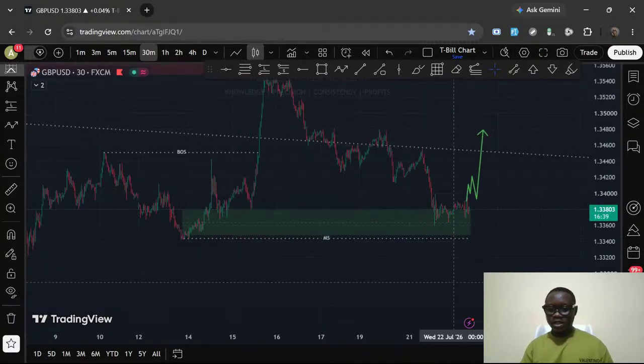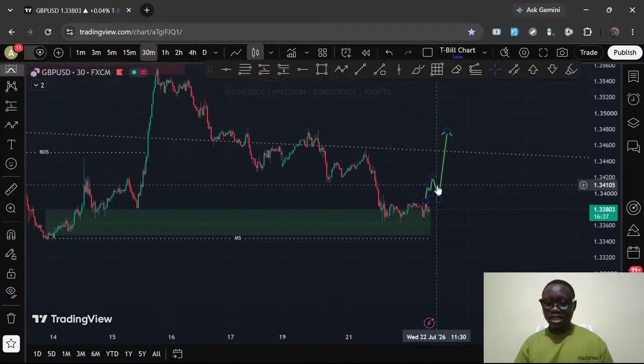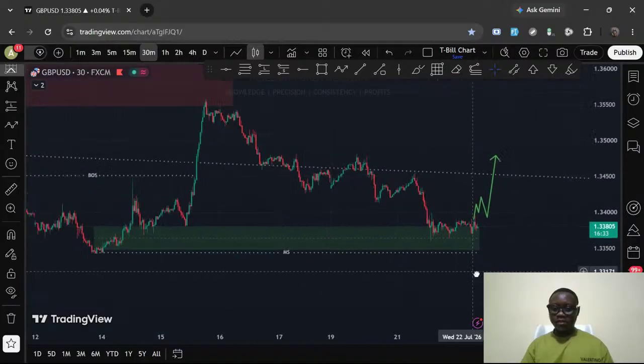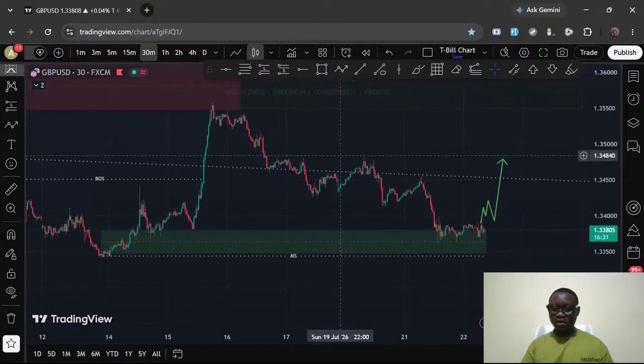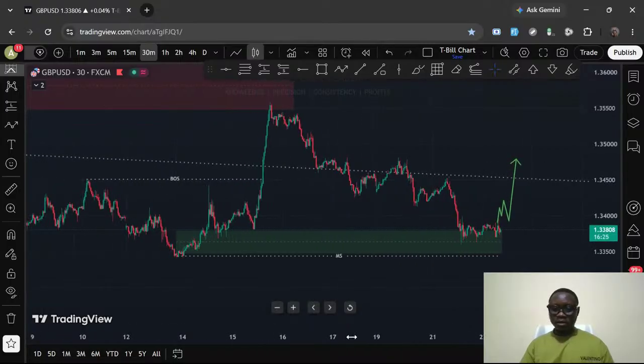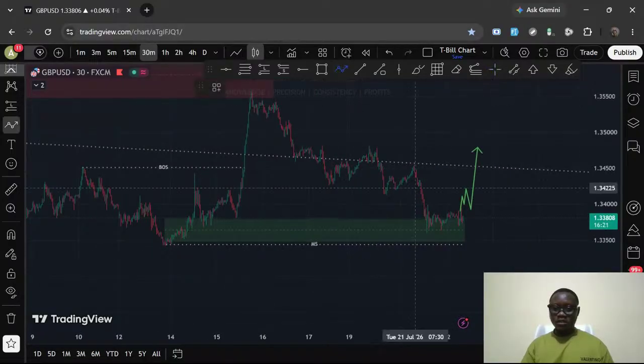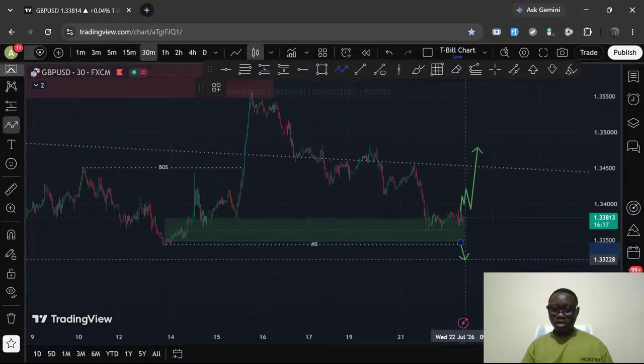Okay. So this is what I would want to consider for a buy. If I get this pattern at this zone, then I would consider taking a buy on GBPUSD. I'll be very, very conservative with my take profits right at this point. This is where I'll be taking my profits. Okay. That is it. For the sell, I would wait patiently for a break of this low.